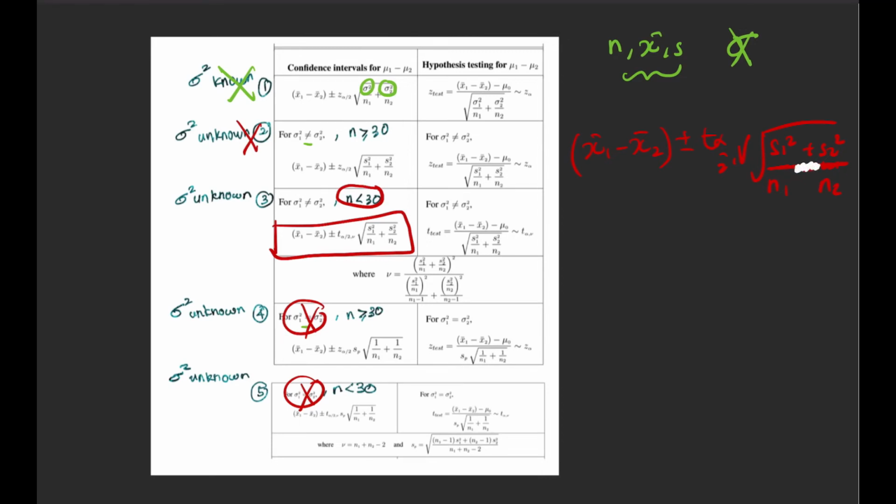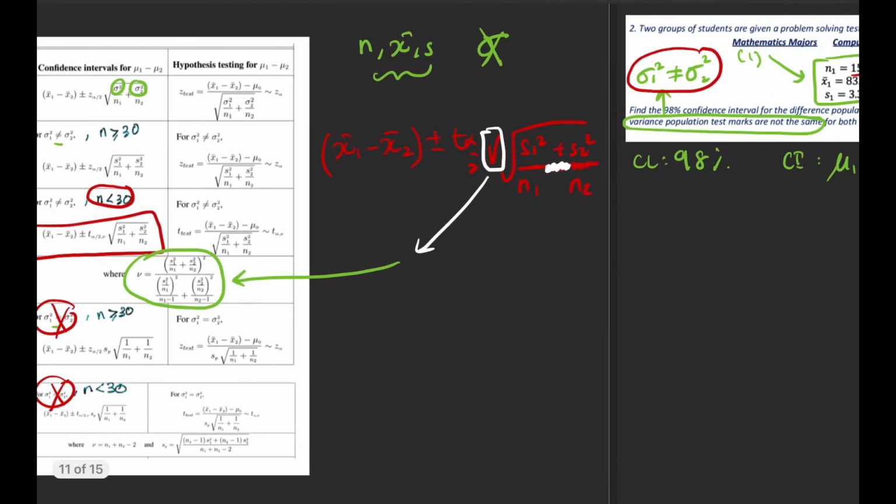Alright. So now, did you notice how to find the nu here? The nu here is no longer n1 plus n2 minus 2. The nu here has a formula. So this is the formula to find the nu. It's a little bit tedious here. Okay, so let's do it together.